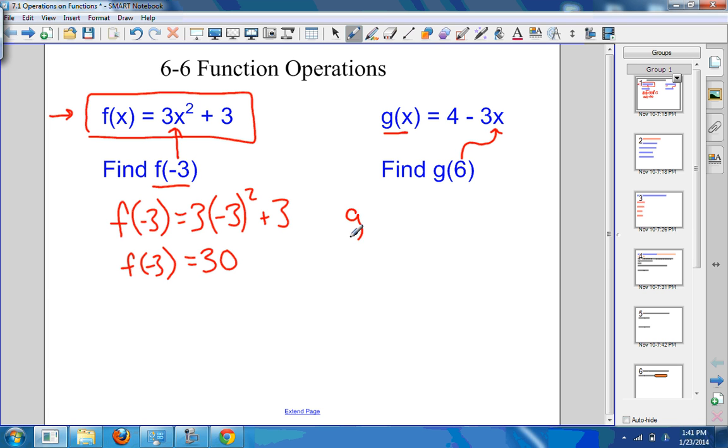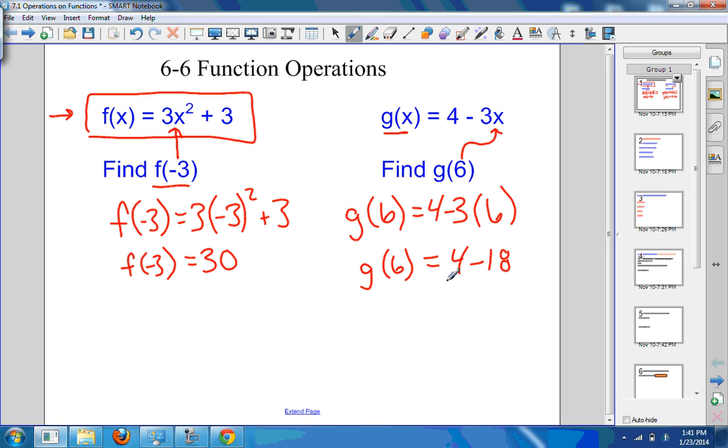So g of 6 is equal to 4 minus 3x, not x. We're going to plug in our 6 there. So g of 6 would equal, we have to multiply this negative 3 times 6 first, and we get negative 18. So g of 6 would equal negative 14.